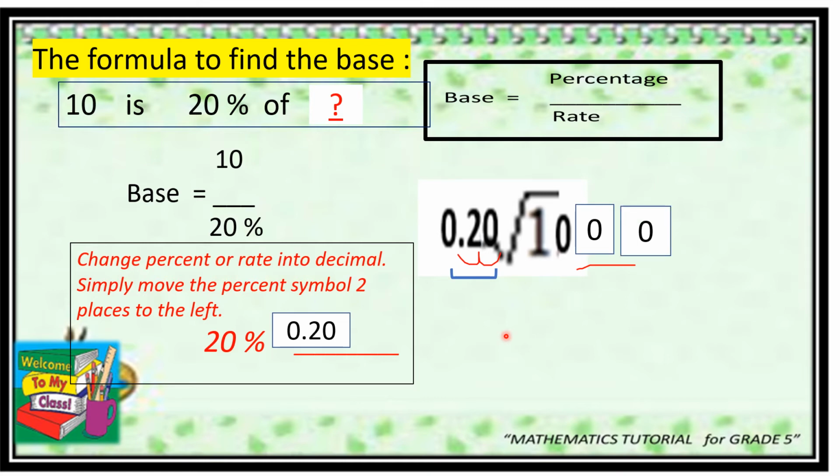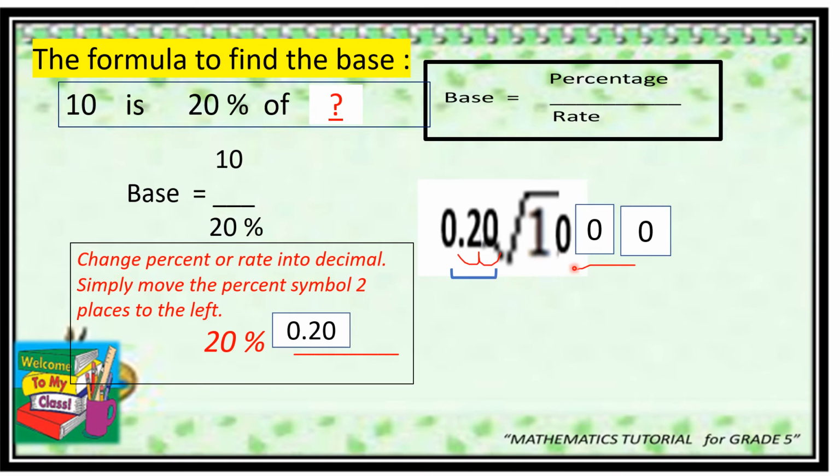Isa, 2. Ngayon, pwede na tayong mag-divide kung ito ay nawala na ang decimal point sa 0.20. So, ibig sabihin, 1,000 divided by 20. Ayun. 10 divided by 20 cannot be.